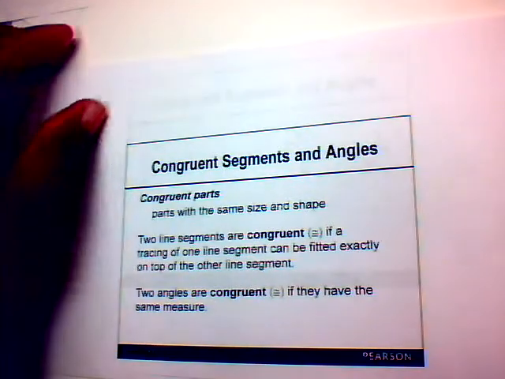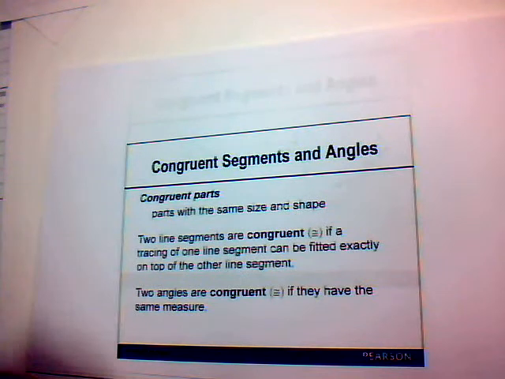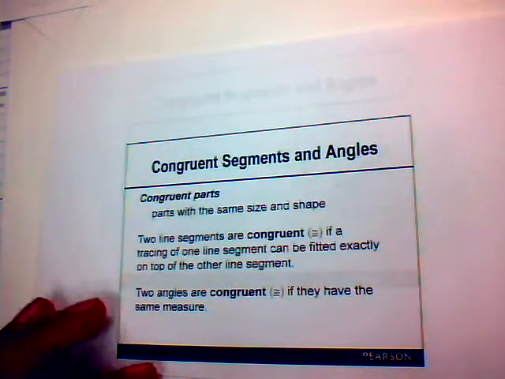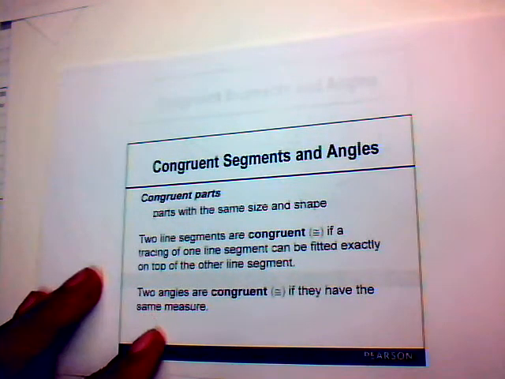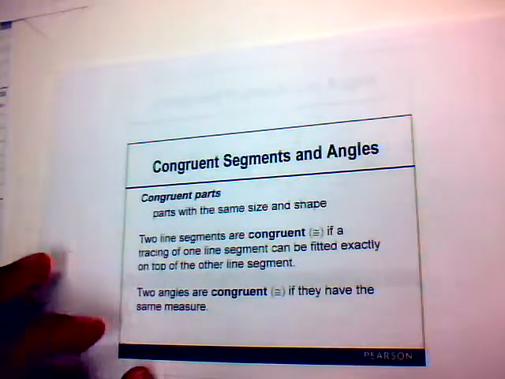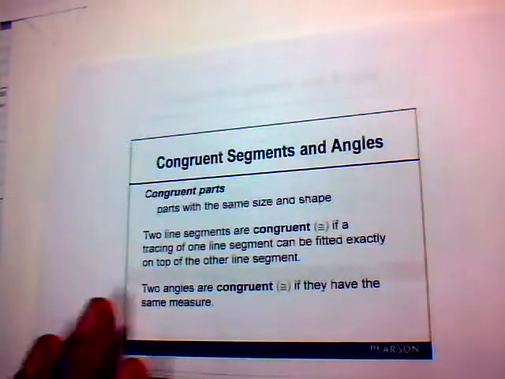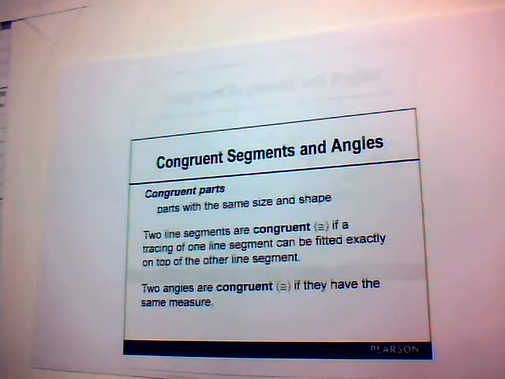Let's look at congruent segments and angles. Congruent parts are the parts with the same size and shape. 2 line segments are congruent, and this is the symbolic representation for is congruent to.